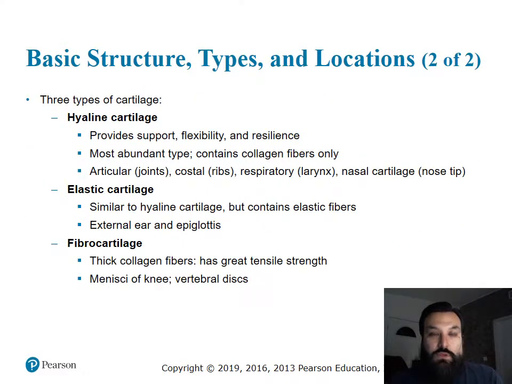Okay, so when we look at cartilage, we see that there's actually three different types of cartilage that you find in the body. We'll look at the locations here as well. But the first one we talk about is hyaline cartilage, right? Hyaline cartilage, by definition, provides support, flexibility, resiliency.